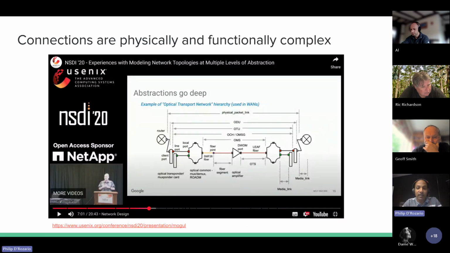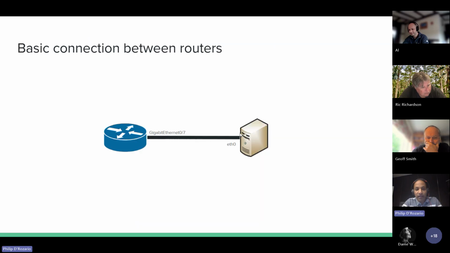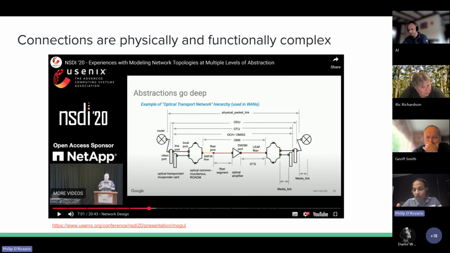Google raised that complexity in their slide deck when they were presenting about their MALT project, that connections are physically and functionally quite complicated. In my picture, I have just a single line representing that connection, but that connection could go over various different transport mechanisms, changing between the nature of the line.